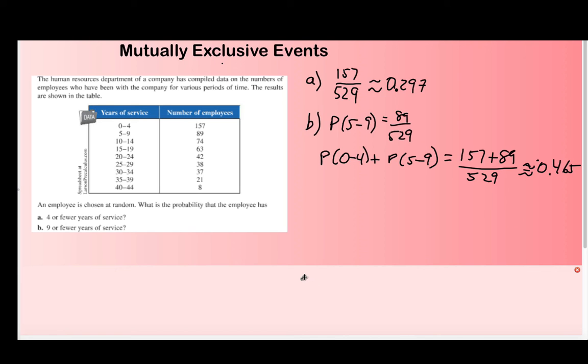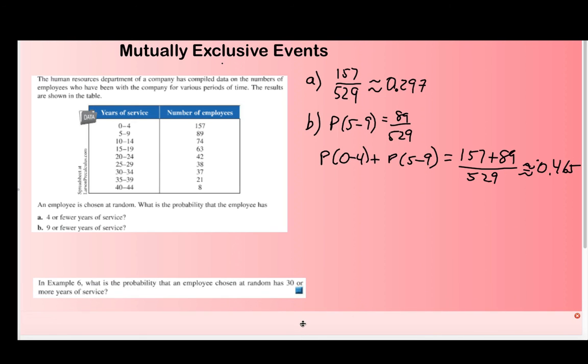And then one more. What is the probability that an employee chosen at random has 30 or more years of service? Well, I'm going to call this problem C. It wasn't a C, but I'm going to call it C. We can add the 30 to 34 group and the 35 to 39 group and the 40 to 44 group together, because the event that an employee chosen at random is in any two of those groups is impossible.